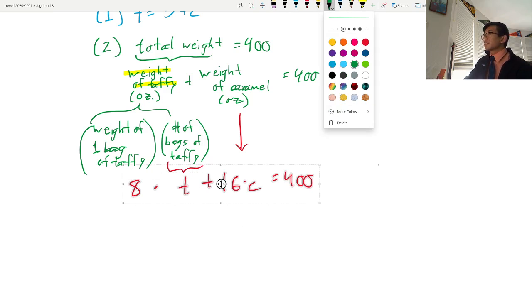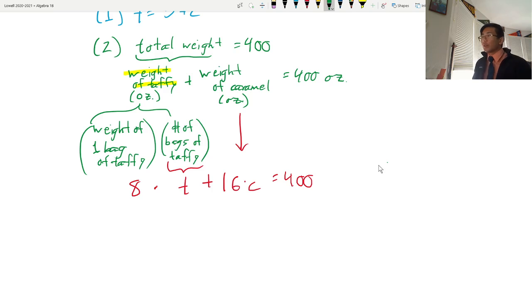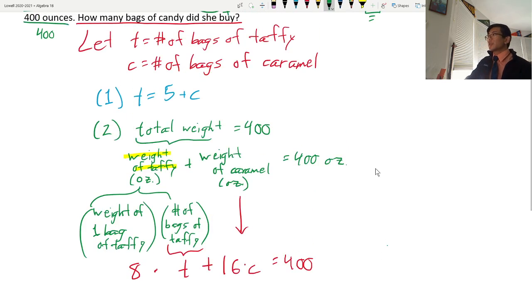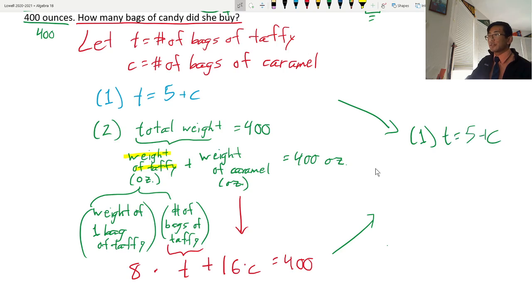Okay, so those are actually our two equations. Our first equation, t equals 5 plus c, and our second equation, 8t plus 16c is equal to 400.